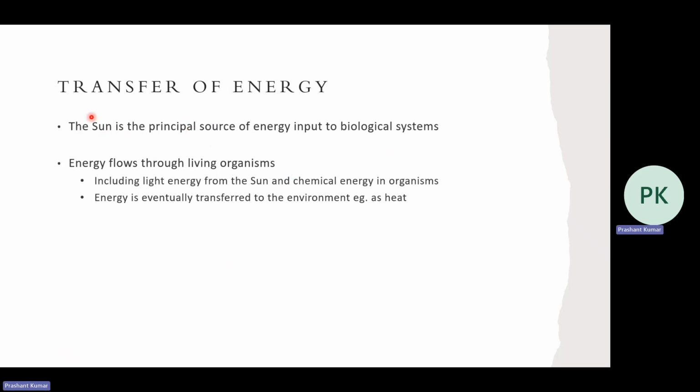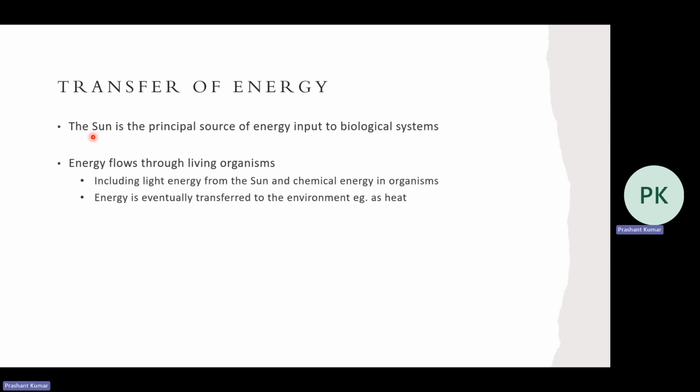First of all, the sun. The sun is the principal source of energy in an ecosystem, and energy flows through living organisms like through a food chain. First, energy is taken by the plants. Plants do photosynthesis, and with the help of photosynthesis, the solar energy, the sun's energy, is converted into chemical energy in the form of glucose molecules.